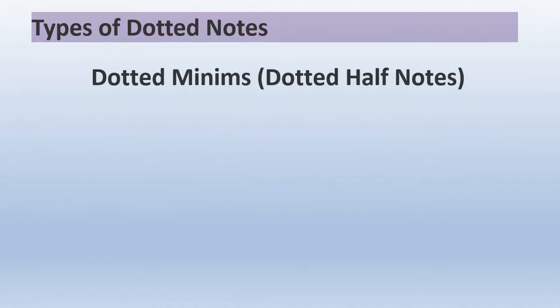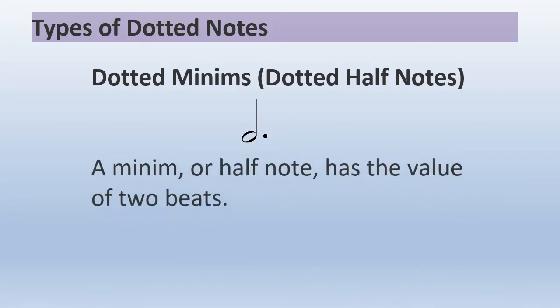Let's take the next one, which is a dotted minim, also called the dotted half note. It looks like this. A minim has the value of 2 beats. So expressing it simply, a dotted minim is equal to a minim plus the note that is half of a minim, which is a crotchet, because a crotchet is half of a minim.